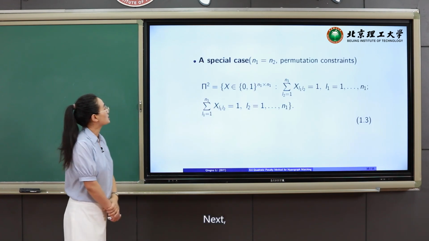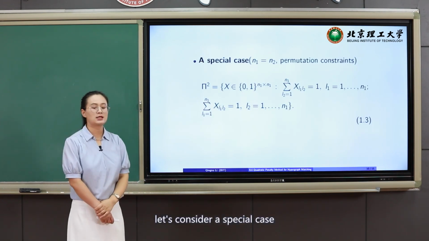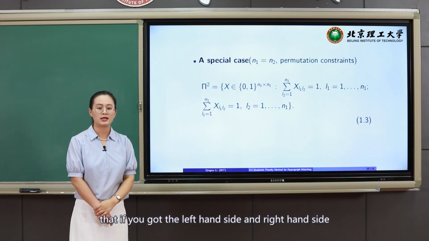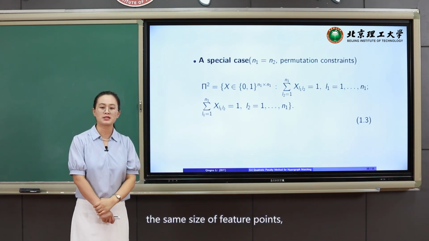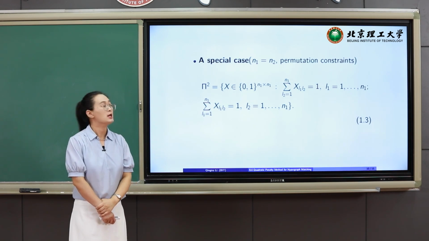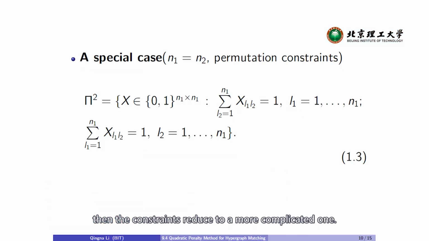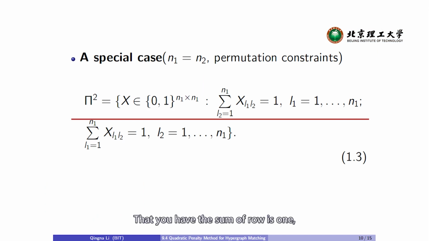So next, let's consider a special case where the left-hand side and right-hand side have the same number of feature points. Then the constraints become more complicated: the sum of each row is 1, as well as the sum of each column of X is also 1.